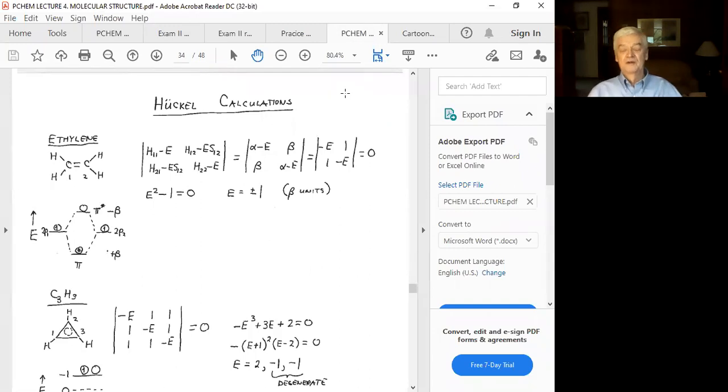You're probably going to be asked to write a secular determinant of the type that I have on this page. I will probably give you a bunch of energy levels that come out of that pi system. I'll want you to draw an energy diagram, put in the electrons. I might want to ask you about what is the pi bond stabilization energy. So be familiar with how to set up the Hückel problem.